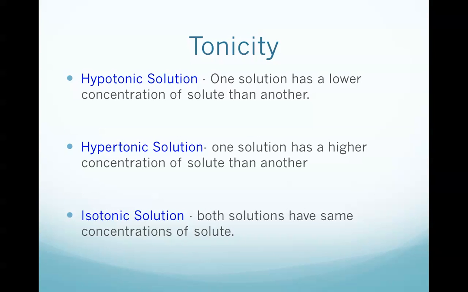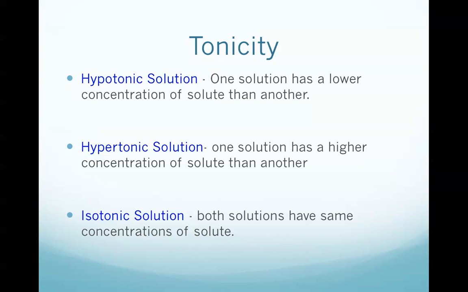Thinking about that, there are different types of solutions, and this is where we go into tonicity. Tonicity is just a way to describe the concentration of a solution. There are three different types of solutions that we see.